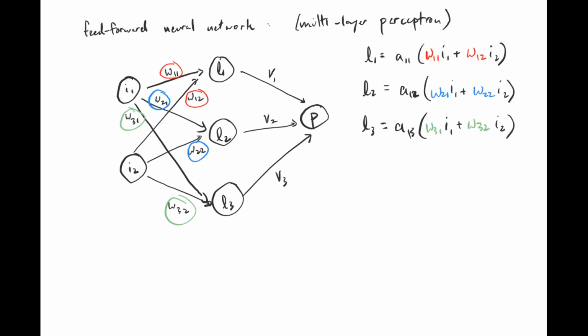And for our P, we will have another equation. P is equal to an activation function with, let's say, each of our weights here. So V1, V2, V3. And that's going to be, oops, L1, not L2. L1 plus V2 times L2 plus V3 times L3, like so.